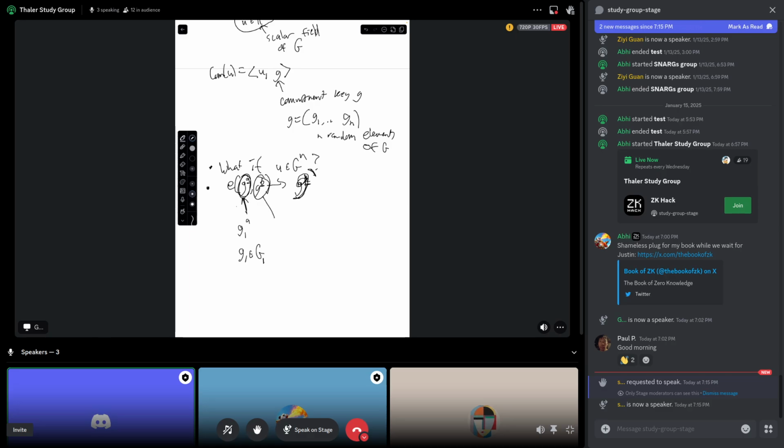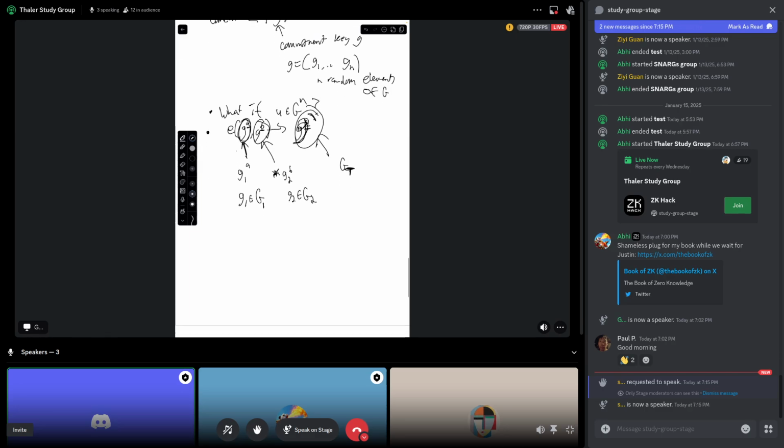And this second group element is like G2 to the B, where G2 is in the second group. And the output of the pairing lives in what's called the target group, G sub T. There are pairings where G1 equals G2 equals GT. These exist, but they're much less efficient, so people don't use them.